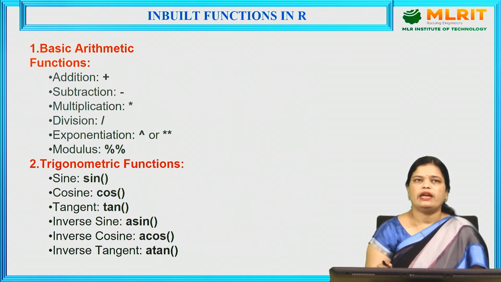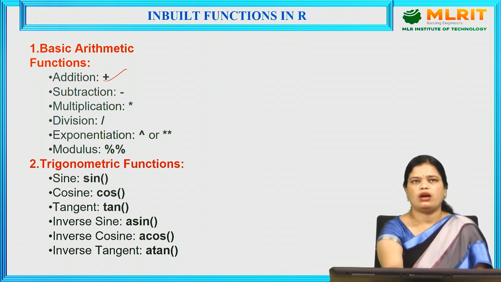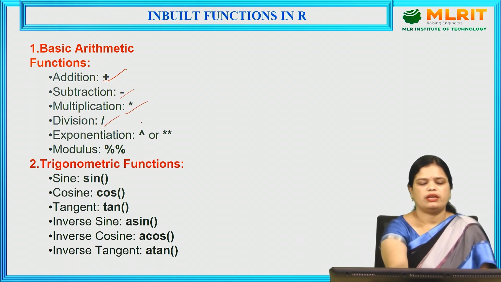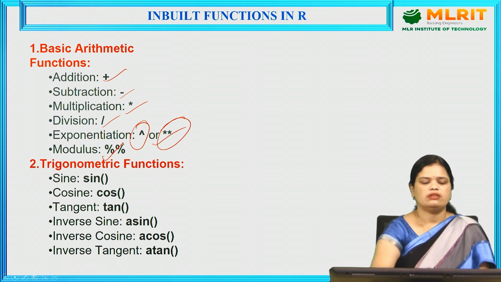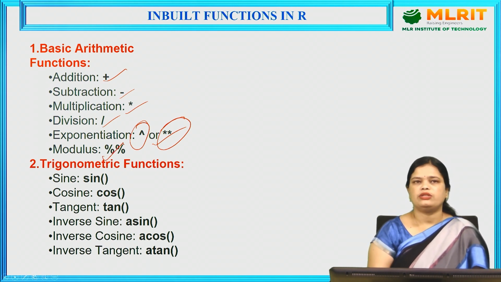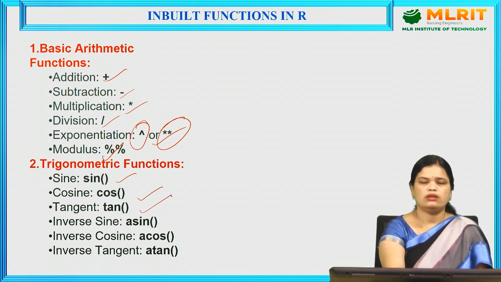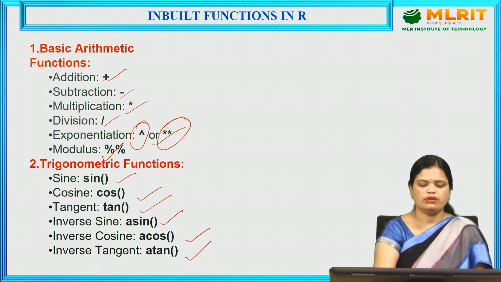Inbuilt functions in R. For the basic operations, you have all the mathematical operators: addition, subtraction, multiplication, division. For exponential, you have two symbols; you can use either of them. And this is for the modulus. Next you have the trigonometric functions: sine, cosine, tan, inverse sine, inverse cosine, inverse tangent.